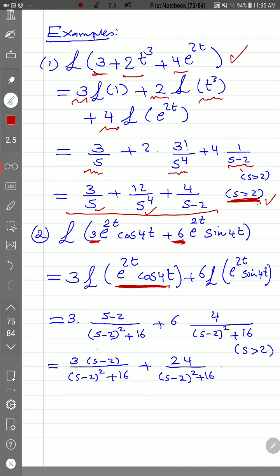Here a equals 2, so s minus 2 squared. Here b is 4, so you square this, 16, and s minus 2. This is for the cosine. But for the sine, you take the square root of 16 here, it will be 4, you put it, and s minus 2. And as I see, this is s greater than 2, so this will be the result for the example.